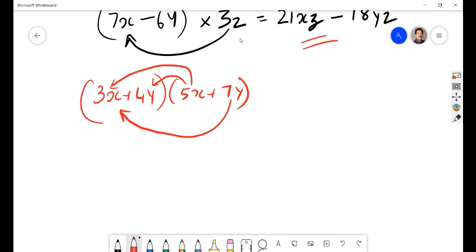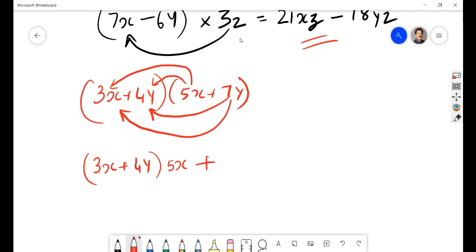In this case, 3x plus 4y, it is up to you which one you are taking together, multiplied by 5x. That means you will multiply both, just like a binomial multiplied with a monomial.